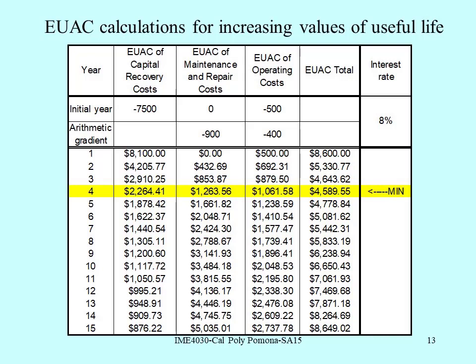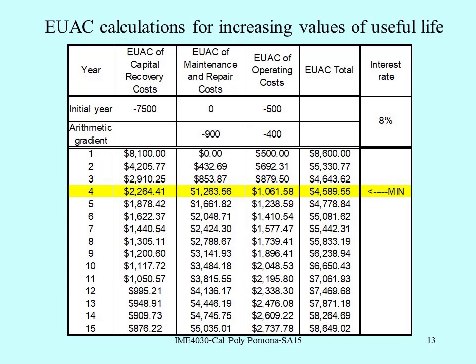And you'll notice that year 4 has the lowest EUAC. So if you purchased that piece of equipment, kept it for 4 years, and then replaced it after 4 years, and did that over and over every 4 years, you would have the minimum overall cost. That's the cost that balances out the initial cost with rising operating costs.